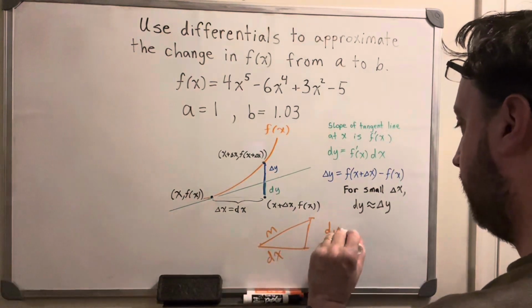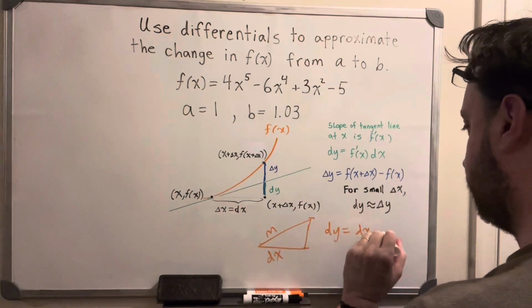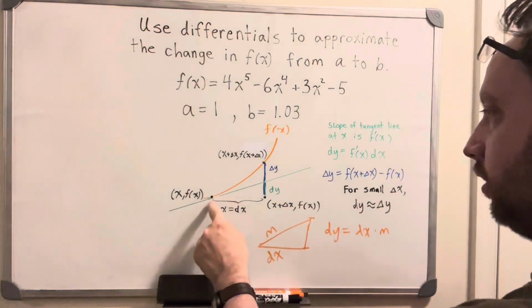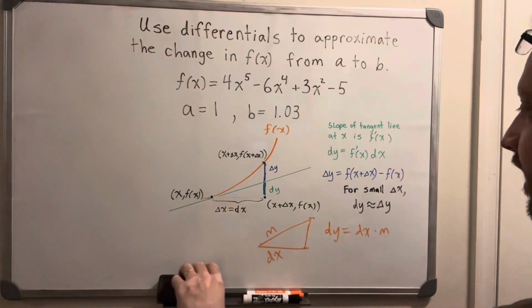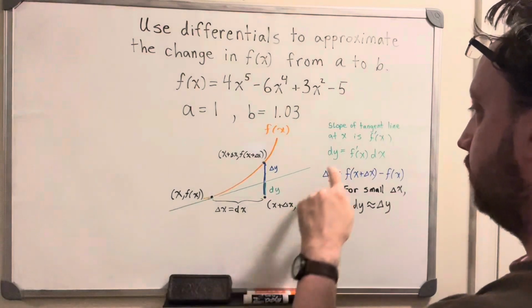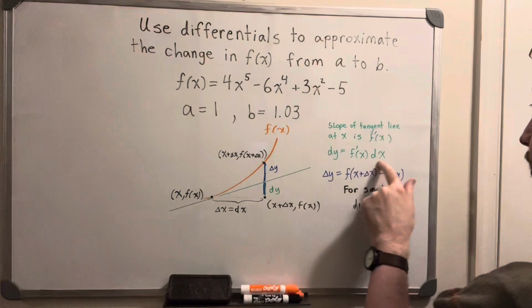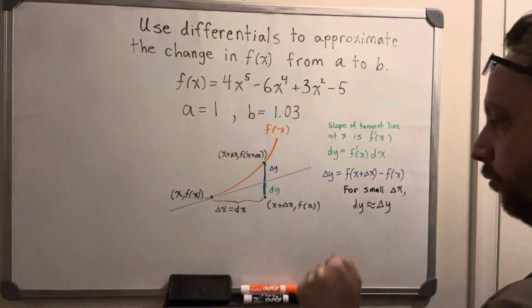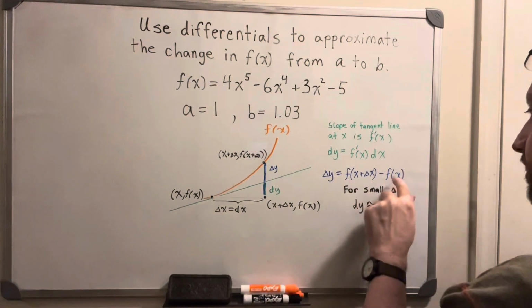So dy equals dx times the slope, which would be m, but we're calling the slope the value of the derivative of the function at this value. This is usually easier to compute than this, especially as the functions get more complicated, because you don't have to find the value at 2 points and take the difference.